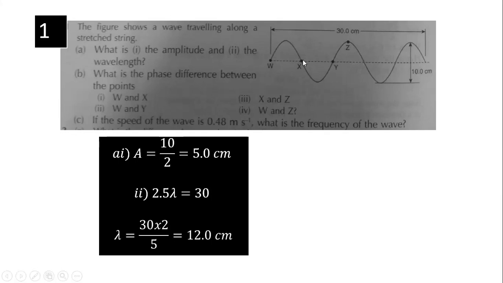What is the angle for X? If W is 0, X is how? What is the angle? Wait. 90.